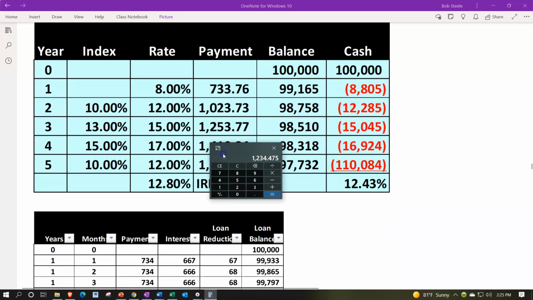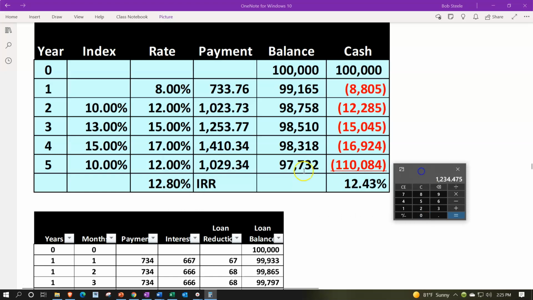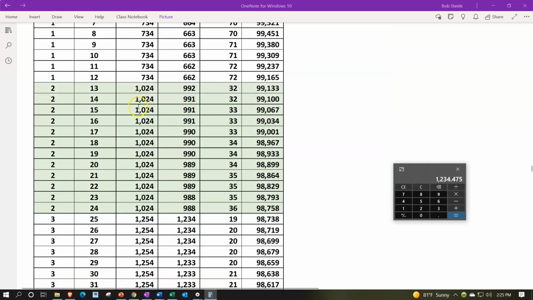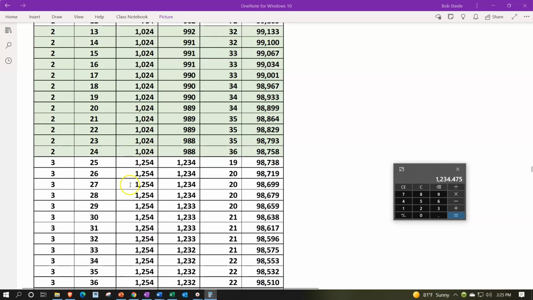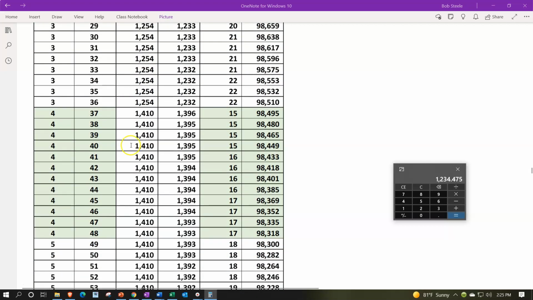If we did that to year 4, so now we're in year 4, 17%, 1410. So now in year 1, it was 7, 1024, 125. And then in year 4, we're at the 1410, and the rate was 17%.